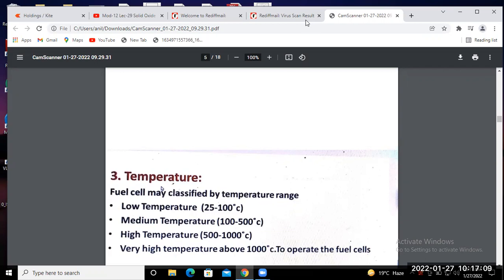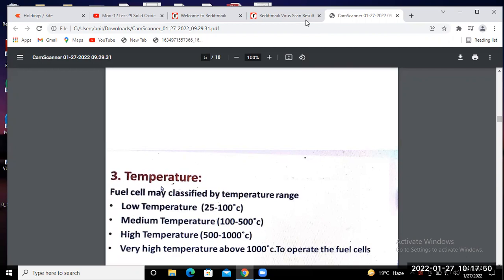So if you remember the range for the classification of temperature: low temperature, medium temperature, high temperature, and very high temperature. On the temperature range, if the operating temperature is given, you can find out under which category it will fall, either low, medium, high, or very high temperature.